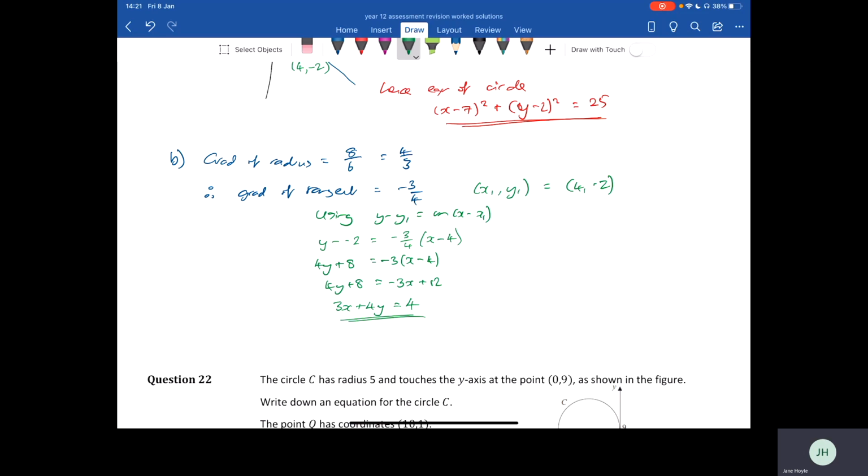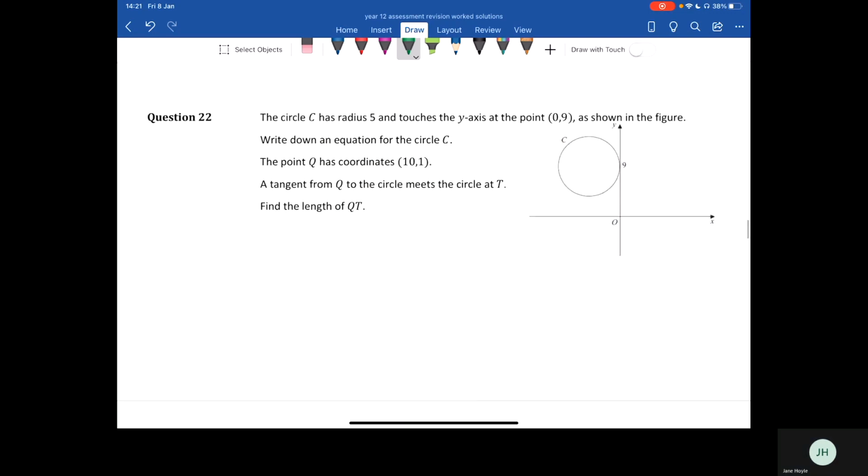Okay, now the last question. We're looking at this circle here. Thankfully, I don't have to draw my own circle. Write down an equation, because it says write down, that's implying it really is very straightforward. So that first bit we shouldn't have too much to worry about.